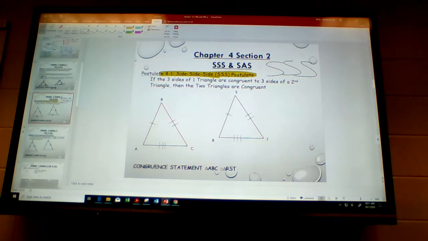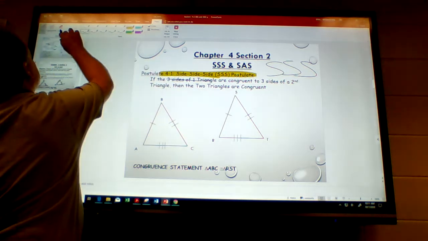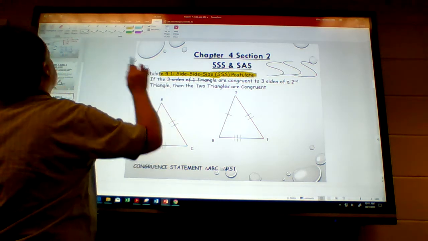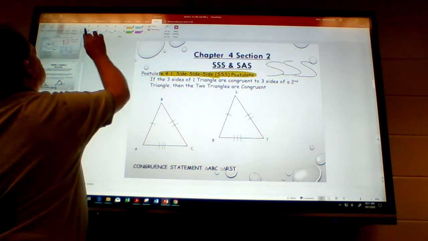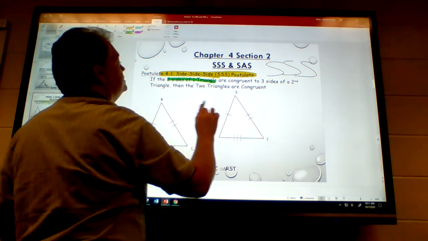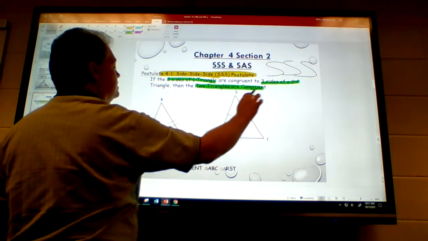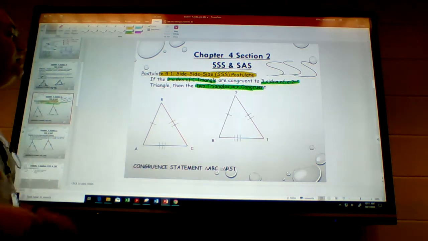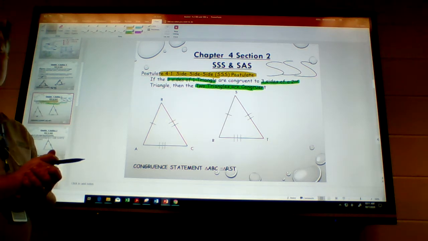If three sides of one triangle are congruent to three sides of a second triangle, then the two triangles are congruent, as you see right there. So as long as I have three pairs of congruent sides, my triangles are going to be congruent to one another.